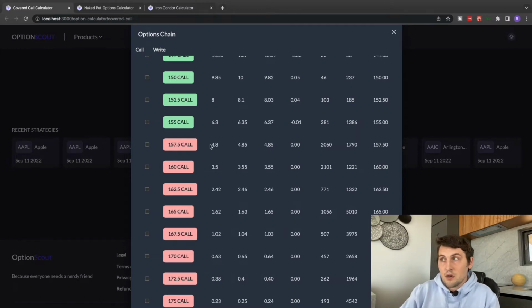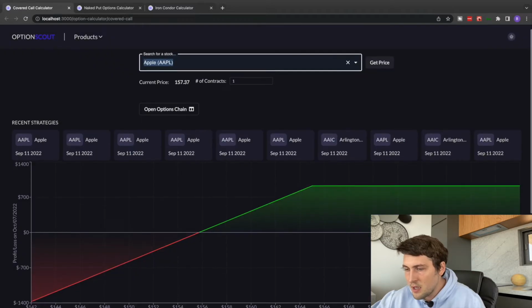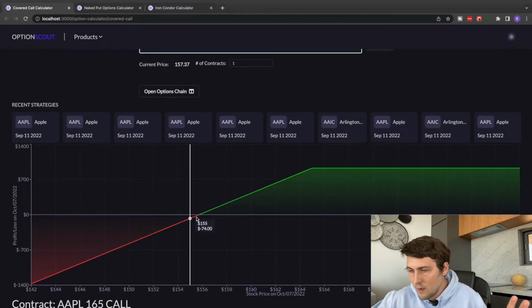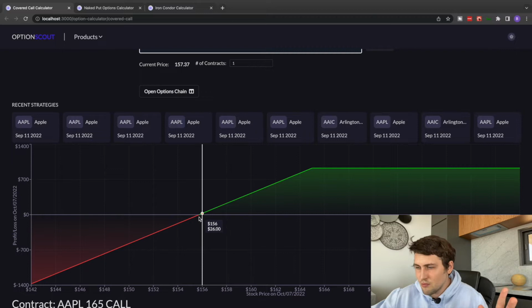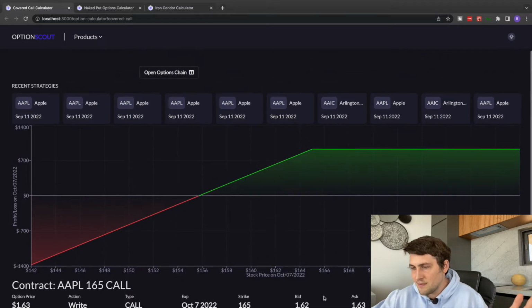Since you're owning the stock, you need to do the stock price minus the premium you received. So that's not 165 minus the premium, it's the stock price minus this 163, 162. And then here we give you a really nice way to show that. You can see roughly the break-even is between 155 and 156, which we'll show you right here. It's 155.74.